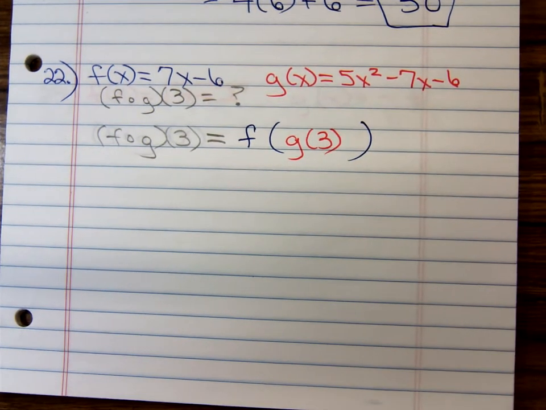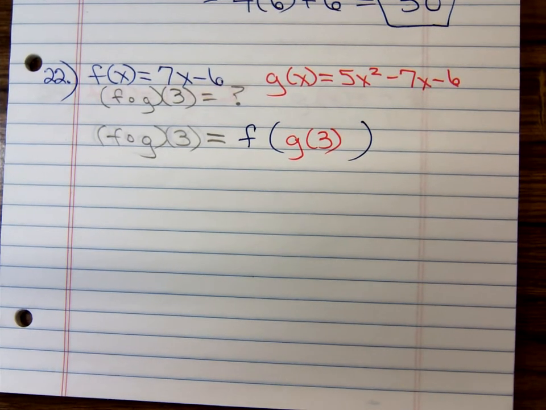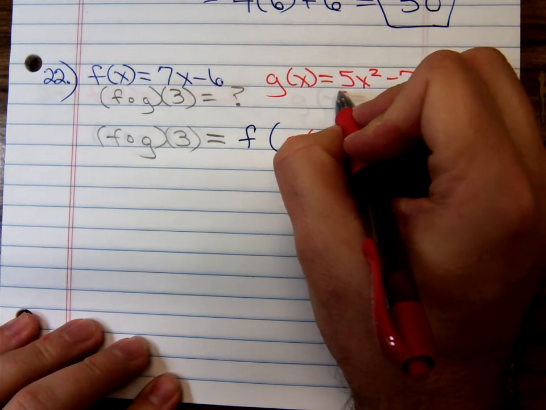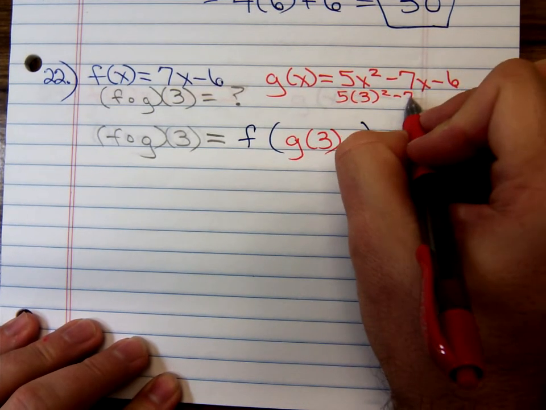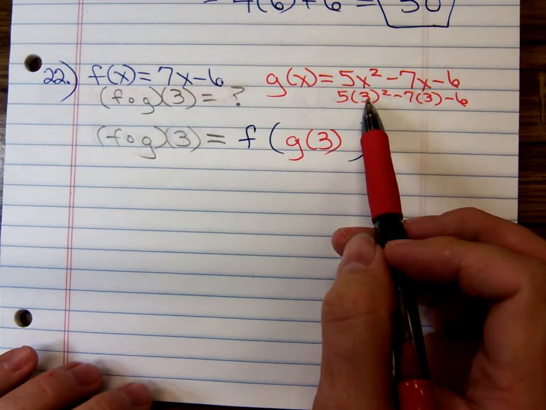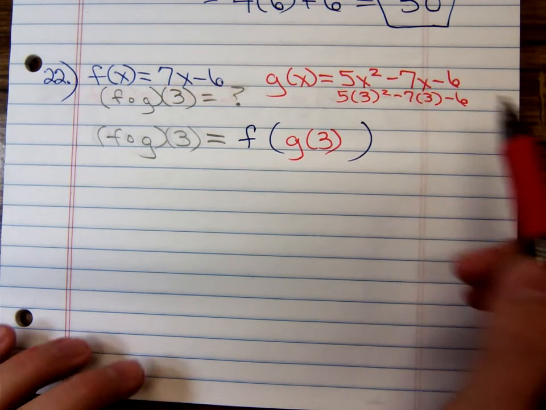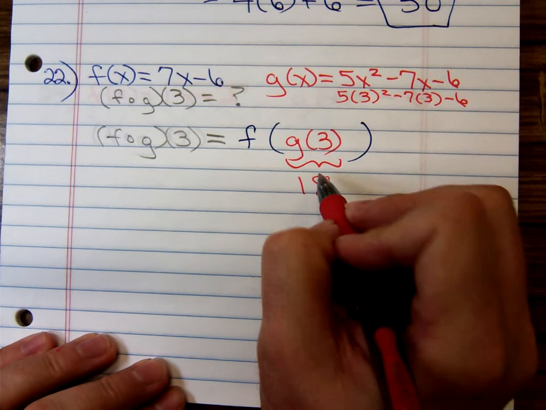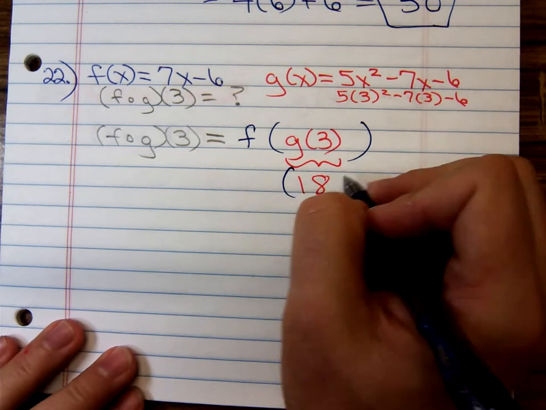And what's g of 3? What's that saying to do? So we go over and plug in 3 for x in g. Here's my scratch work, we're plugging in a 3. That's going to be 45 minus 21, that's a 24 minus a 6, giving me an 18. So I have f of 18.